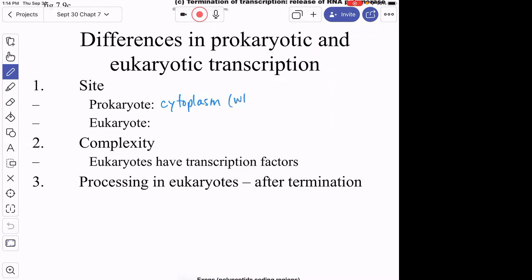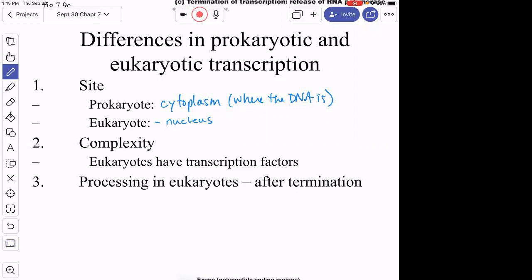Again, if you think about it, transcription is going to take place where the DNA is. It might be more correct to say the nucleoid region of the cytoplasm, but again, there's no membrane around that there. For eukaryotes, this is going to take place in the nucleus. Okay, that's where the DNA is, so that's where transcription is going to take place.